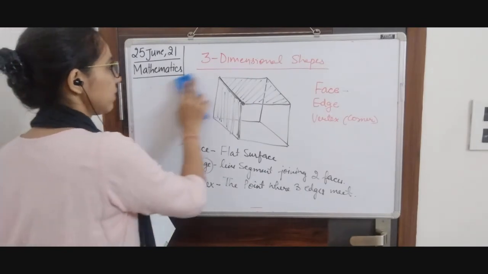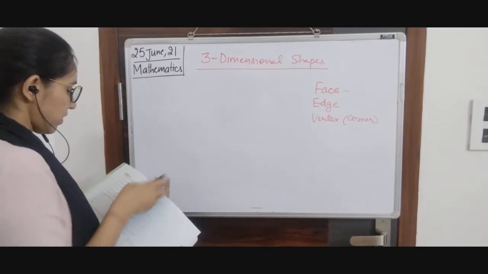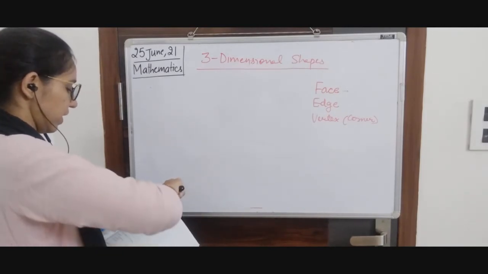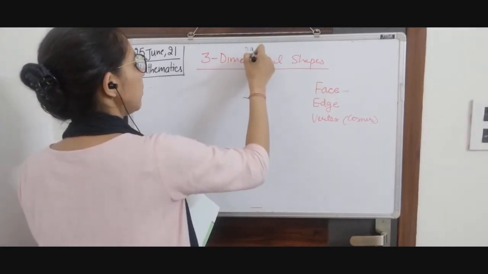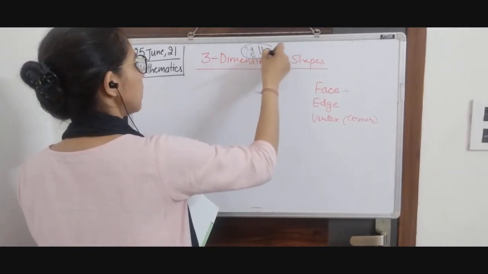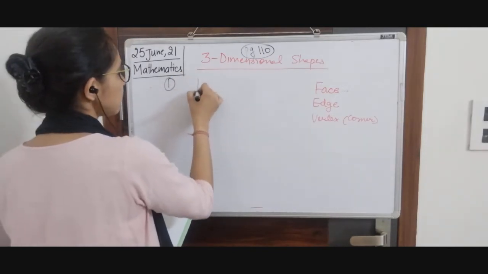First one is a cuboid. It is page number 110. So first is cuboid. Cuboid is something like this.